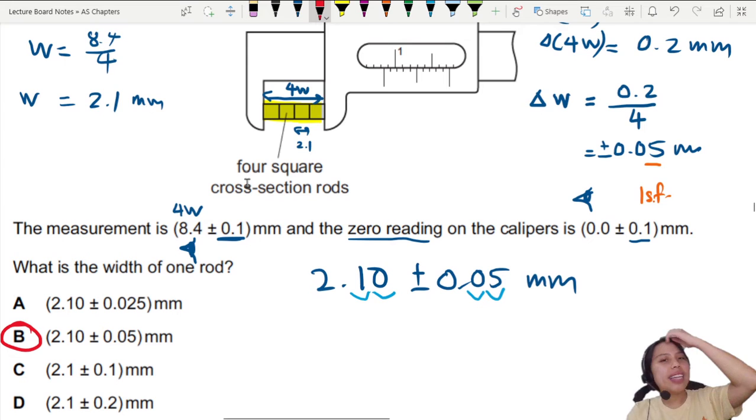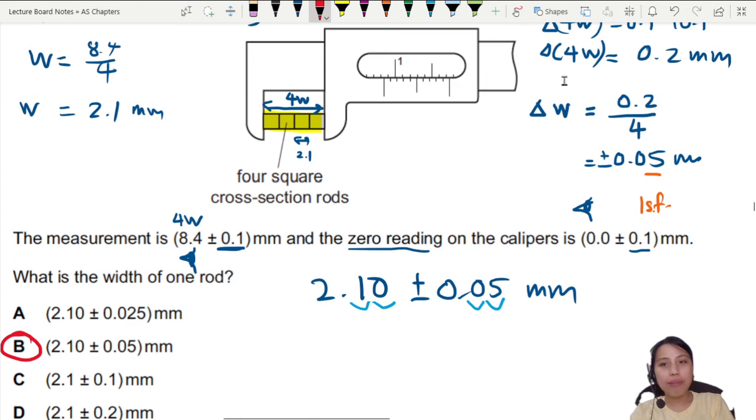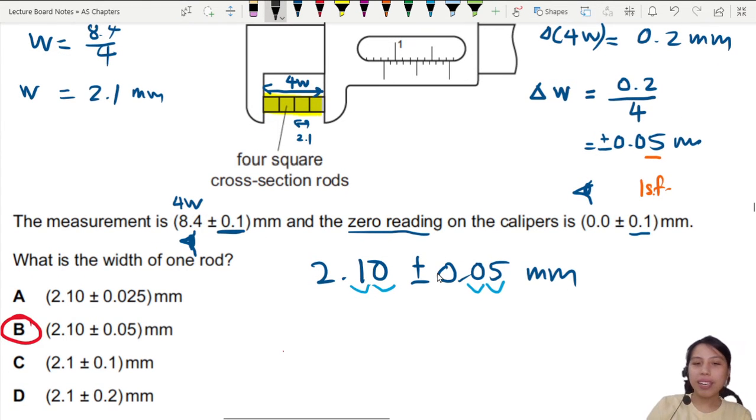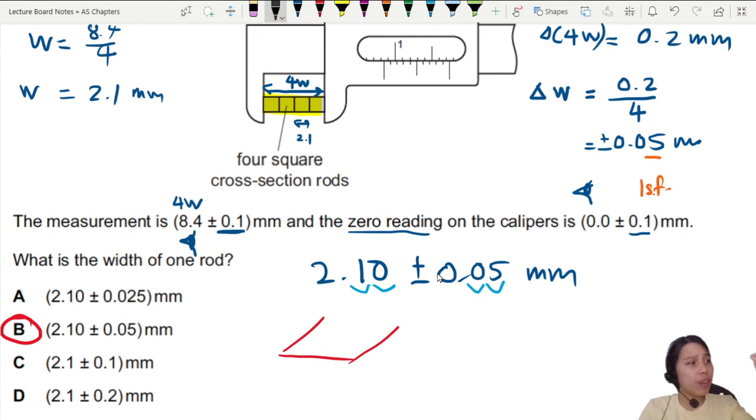So it's pretty neat that although each reading we take by vernier caliper has uncertainty, if you stack many together like this, you can divide by the number of stacking that we have. This is what I call multiple measurements, and you divide the uncertainty by that multiple. Which is also why if I ask you a challenge question, hey, you got paper at home, right? Find the thickness of 1 paper. Wow, very hard. Paper is very thin, you know.